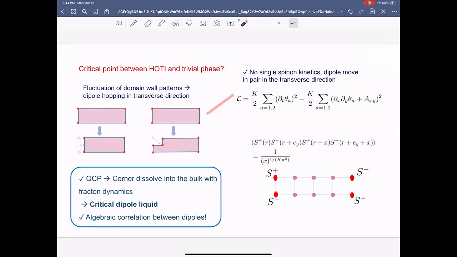Hence, such a quantum critical point can be imagined as a critical dipole theory. This critical dipole theory comes from the fact that at a quantum critical point, the previous corner mode now dissolves into the bulk with fracton dynamics.